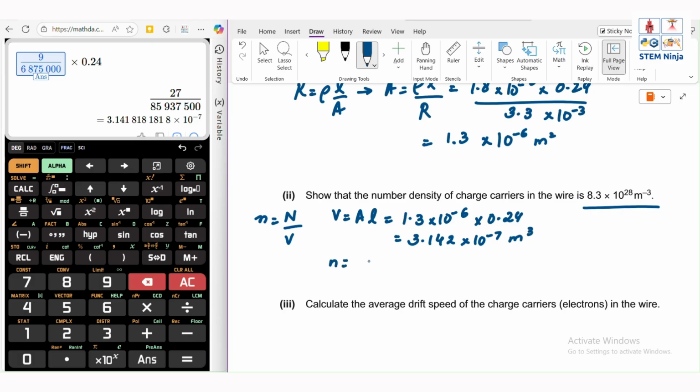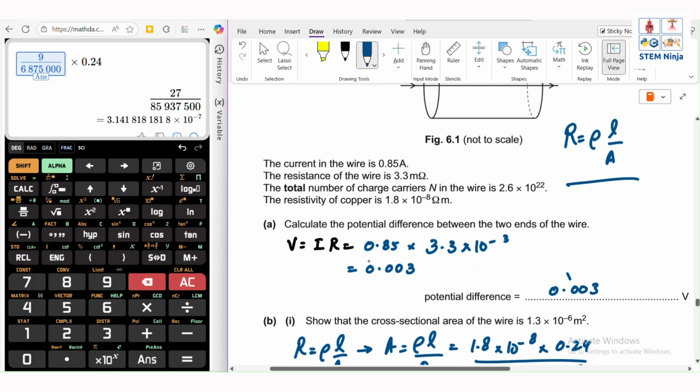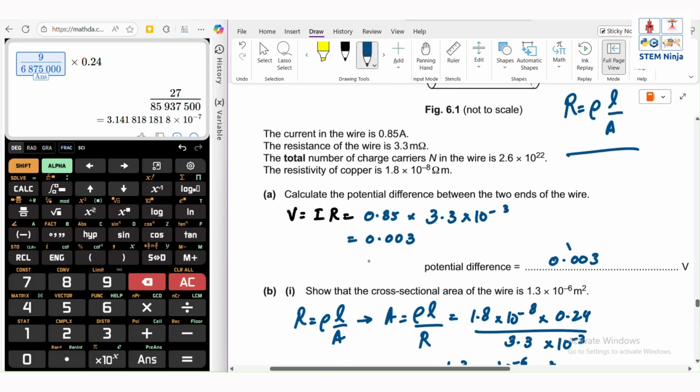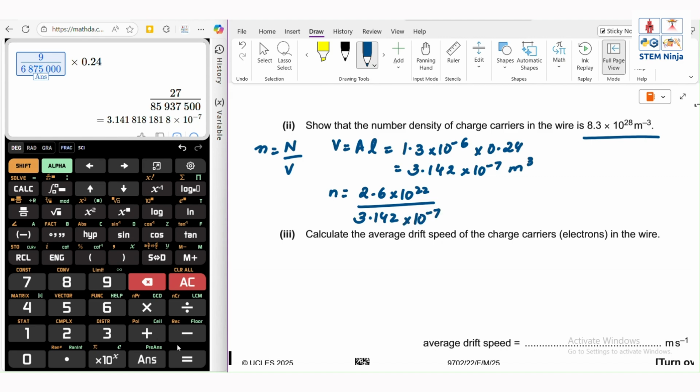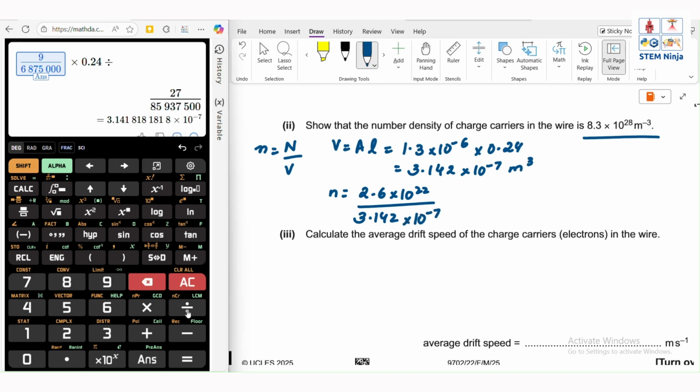So N would be total number of charge carriers, 2.6 × 10^22, divided by 3.142 × 10^-7. Oh, wait, sorry.